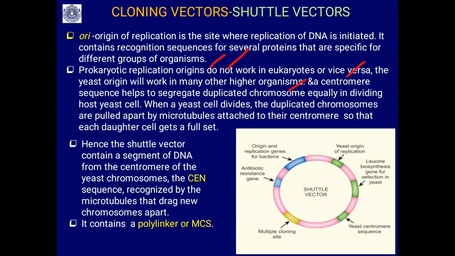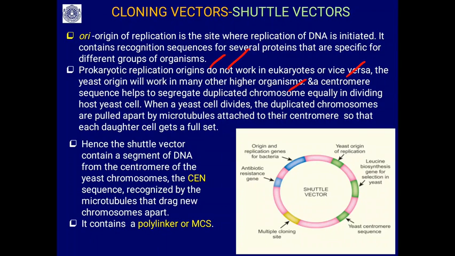You know that. So what exactly is the role of the centromere? When a yeast cell divides, the duplicated chromosomes are pulled apart by microtubules attached to their centromere, so that each daughter cell gets a full set of the chromosomes, or the DNA.